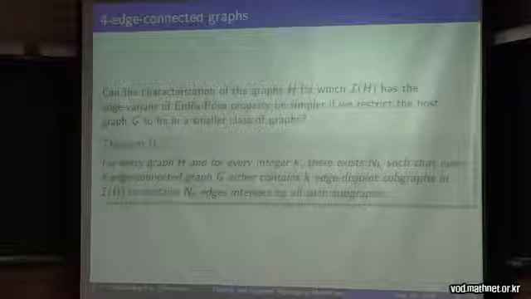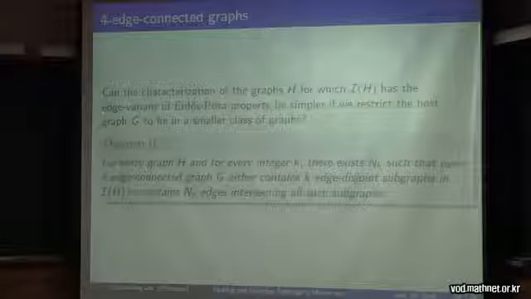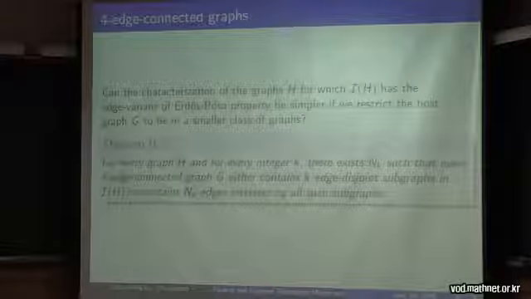In 4-edge-connected graphs, you don't need any condition on graph H. So formally, for any graph H and any number k, I can find a number n depending on k, such that every 4-edge-connected graph G either contains k edge-disjoint H immersions, or I can find n edges intersecting all such subgraphs. So this one is much cleaner than the previous case. But now I need to assume G is 4-edge-connected, but just 4. And 4 is best possible because in the previous example, we have so many 3-edge cuts.